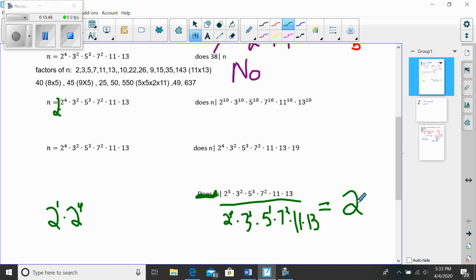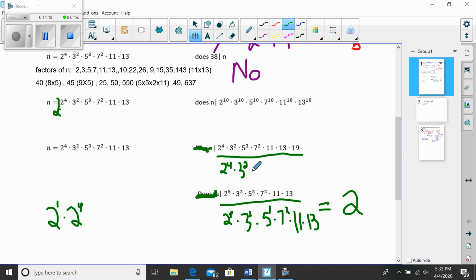found a multiple. So another multiple of n is if I just took it and multiplied it by any other prime, like 19. So if I put n down here in the denominator, is this other number a multiple?